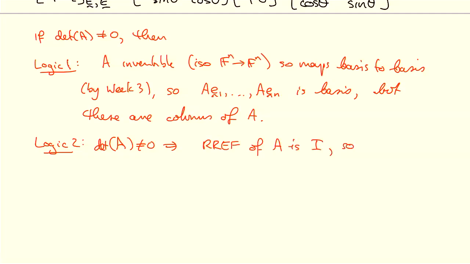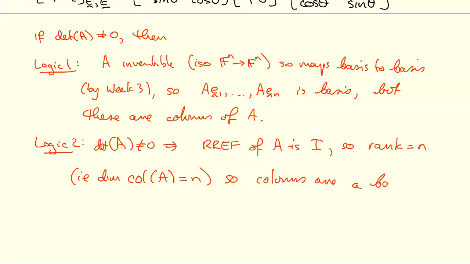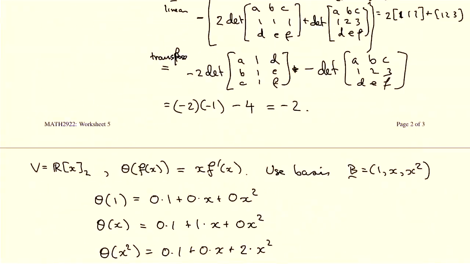So the dimension of the column space, which is the rank, equals n, i.e. dim col A equals n, so the columns are a basis. Earlier I said the nullity was 0, so it's injective, but I don't need to go through that rigmarole. I can just say it like that. All good? Anyway, that's a super important one.